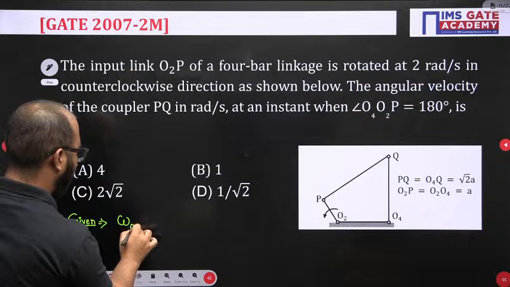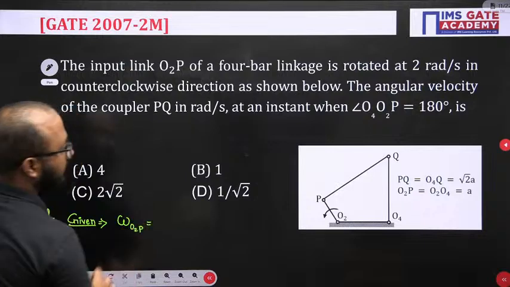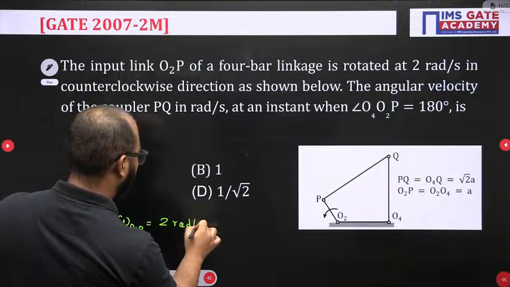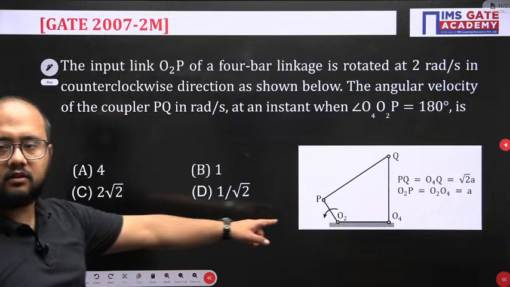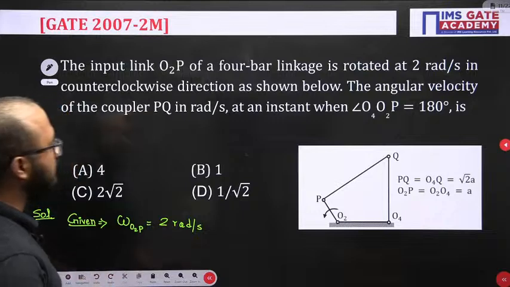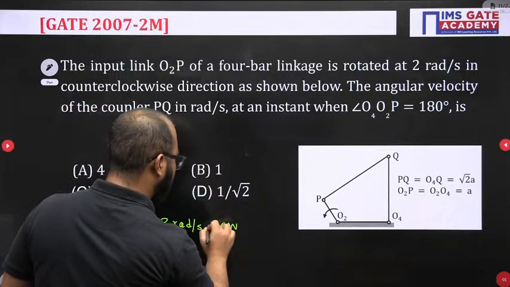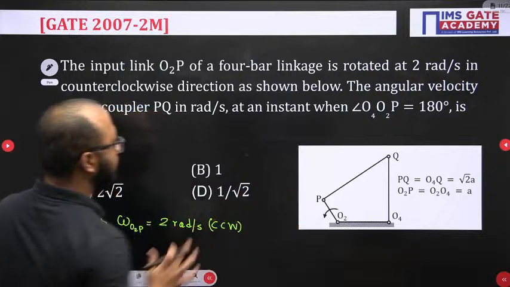Omega O2P is given as 2 radian per second, angular velocity, counterclockwise, CCW, and it is mentioned in the diagram also, no issue.